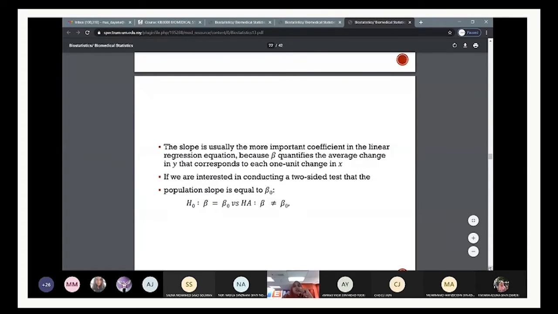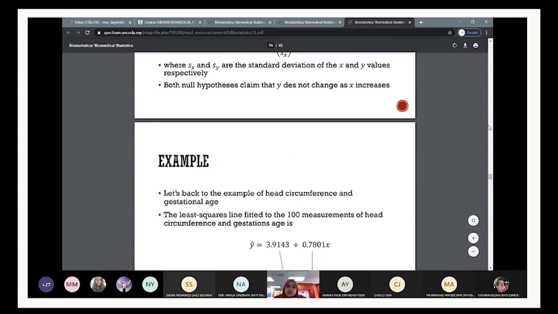The slope is usually the more important coefficient in the linear regression equation, because beta quantifies the average change in y that corresponds to each one unit change in x. If we are interested in conducting a two-sided test that the population slope is equal to beta naught, which is equal to 0, our null hypothesis is that the slope is 0, against the alternative that the slope is not 0.